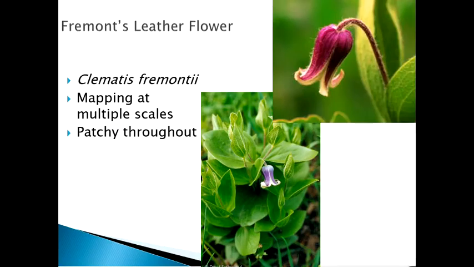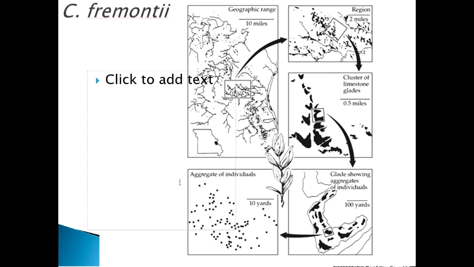These maps can occur on many different scales, and here's a beautiful little plant, the Clematis fremontii, and it's noted because it's one of the things that has had a couple of people study it in great detail over many years locally in Missouri. Here you see multiple ranges of this thing.